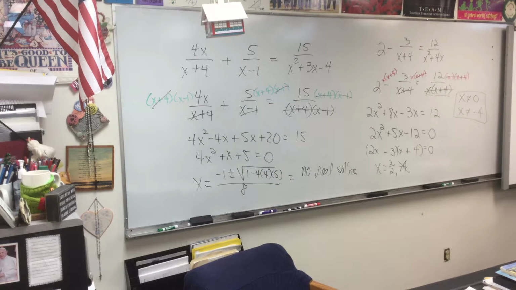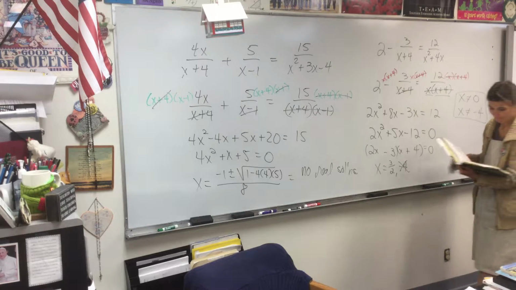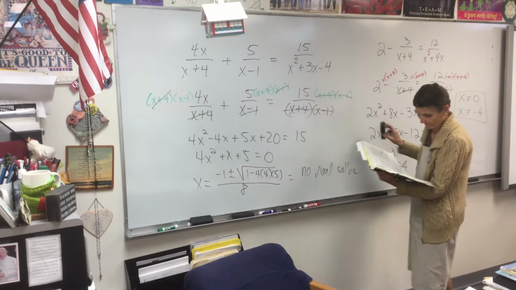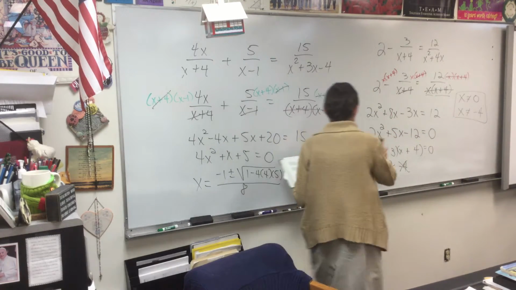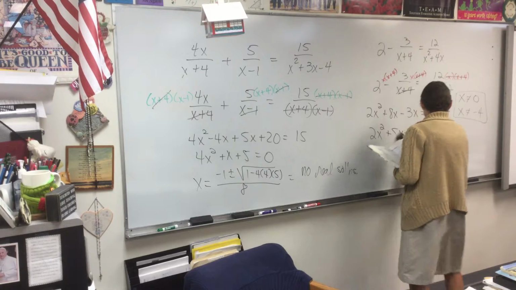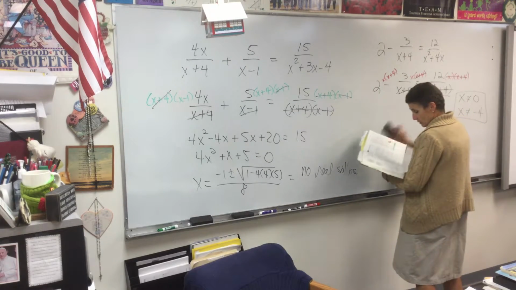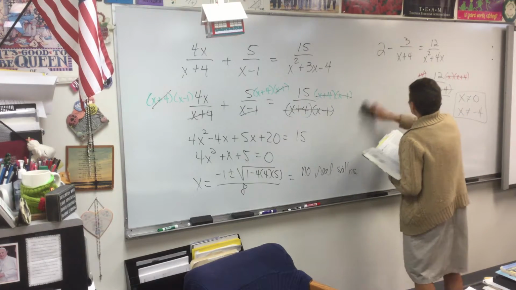This is easy. You're not going to have any problems with this. Look on page 254 of your book, we're going to do a little word problem. All right, let's look at number 33.